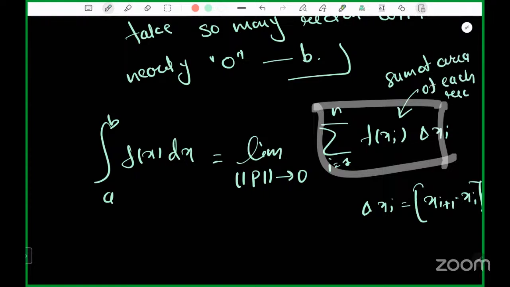But this formula will work only when the intervals are the same, no, ma'am? But you said you can always vary the intervals. Yeah, but if we are able to take the same intervals, then we won't vary it too much. My question is, this formula is applicable only when delta xi is the same across all the subintervals?